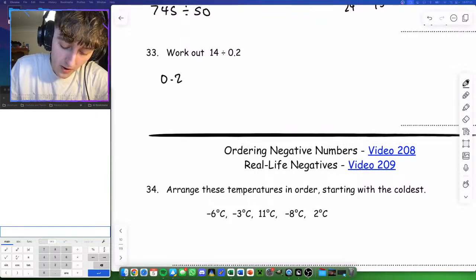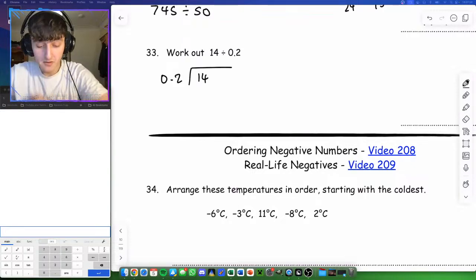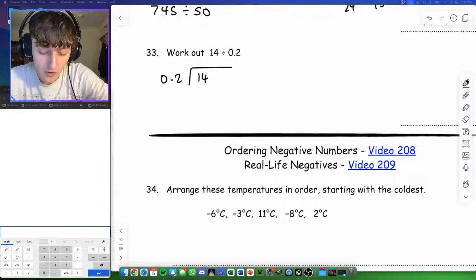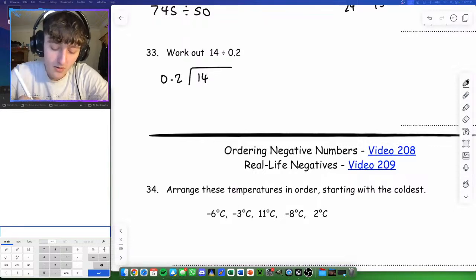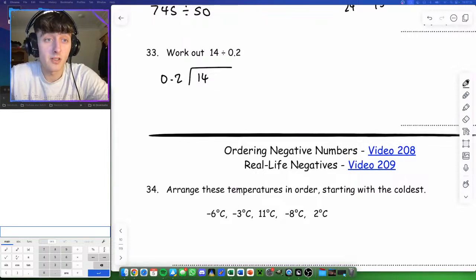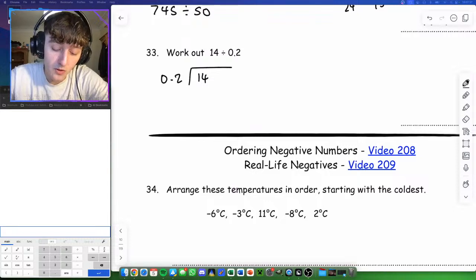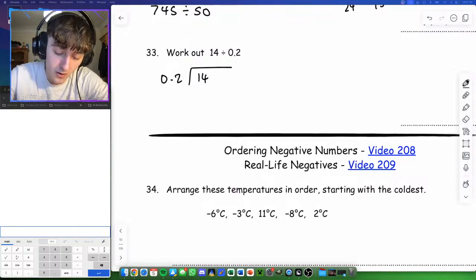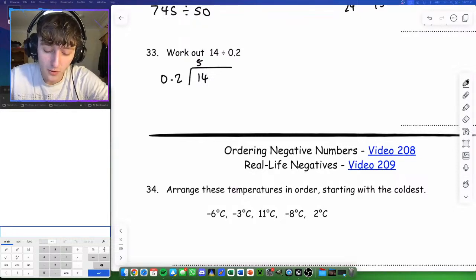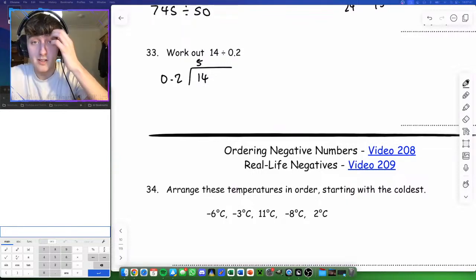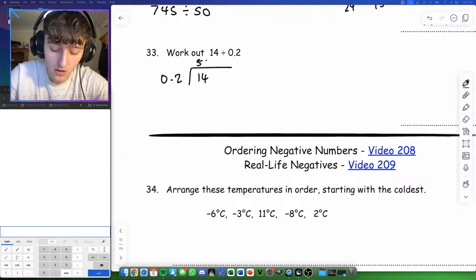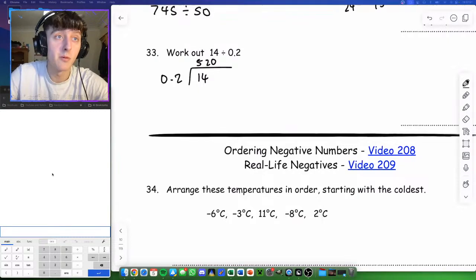If we put the 0.2 out here and then the 14, we do not need to times by 10 for this one realistically, because 0.2 into 1, what's that? 5. And then 0.2 into 4, that is going to be 5. Then times it by 4, and that's going to be the 20. So 20. Let's see if that works.